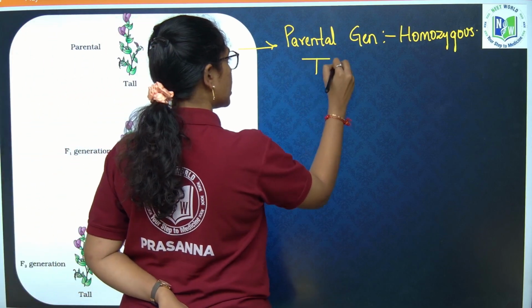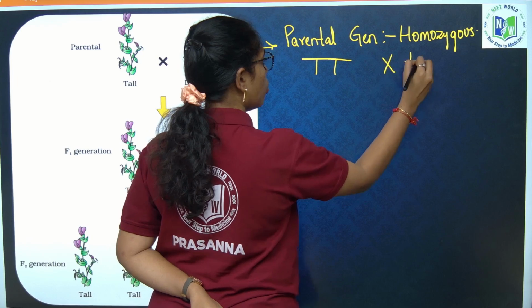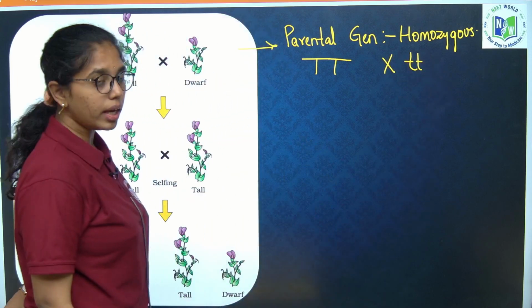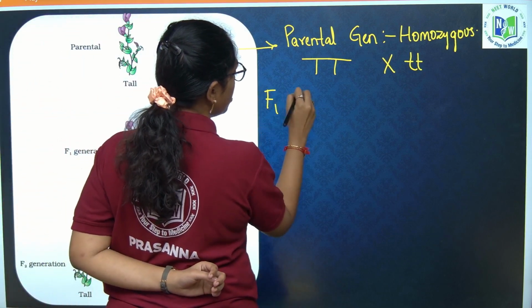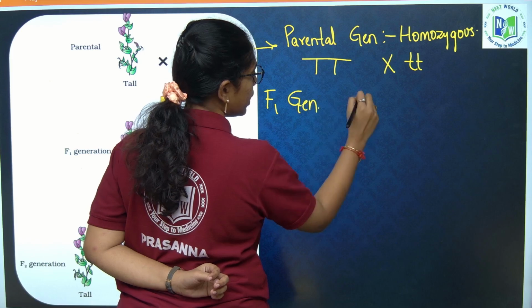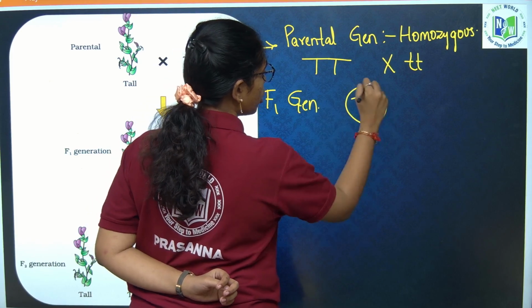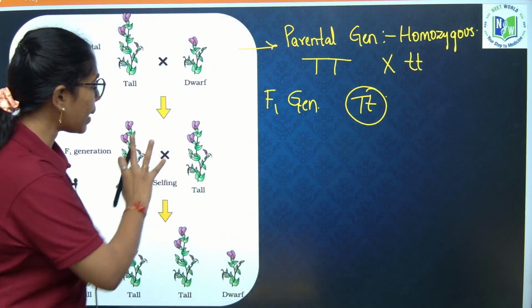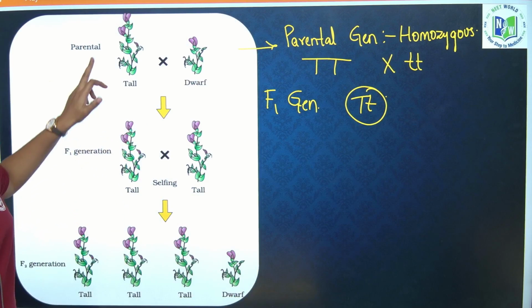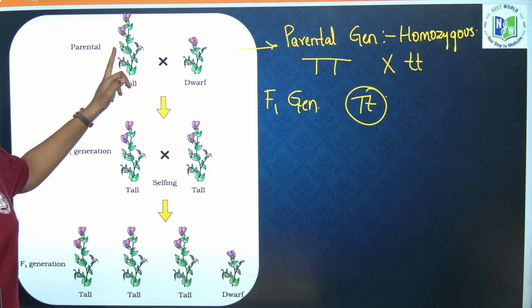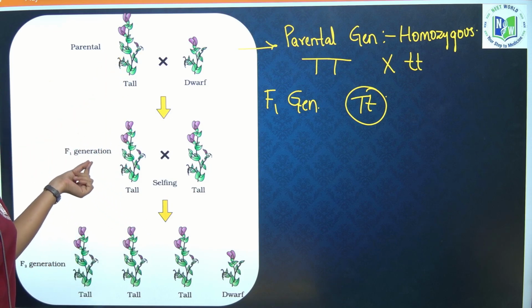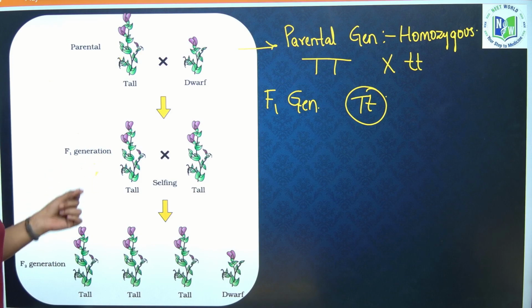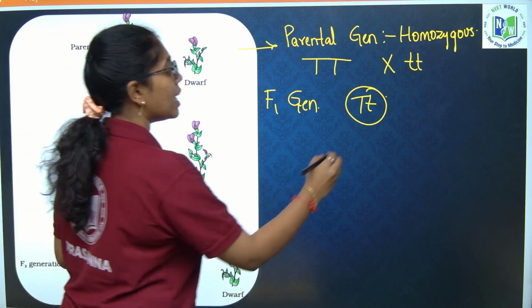The homozygous tall is crossed with homozygous dwarf. In the F1 generation we will get heterozygous tall. That is why all the plants in the F1 generation resemble only one parent, the dominant parent.